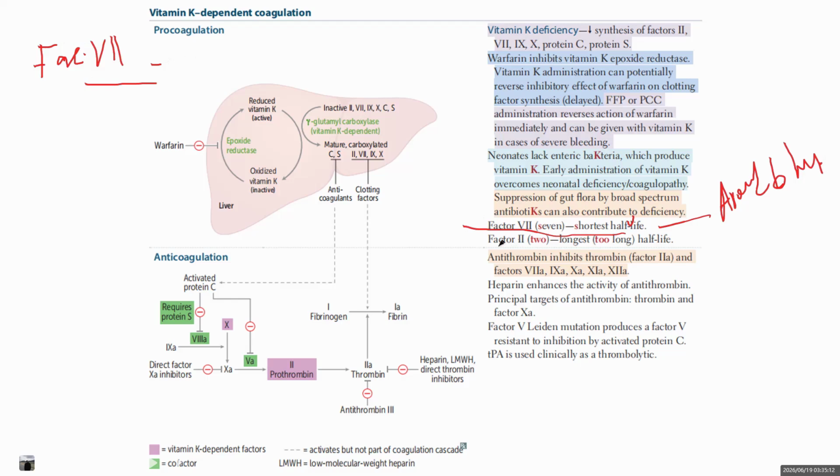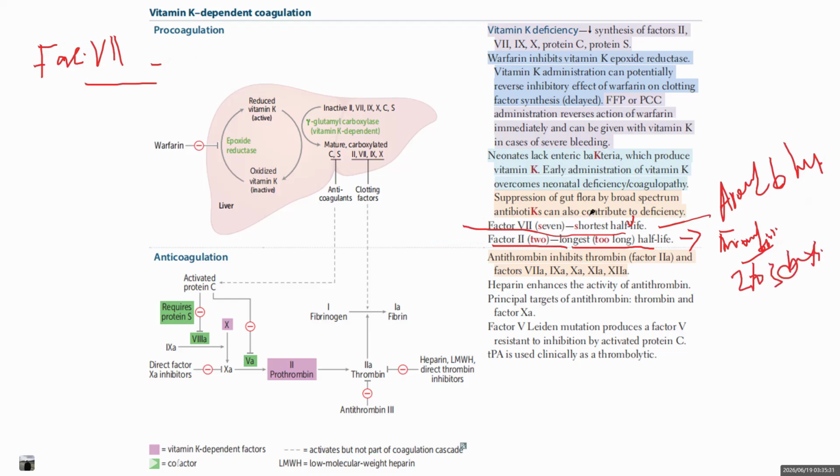And factor 2, also named thrombin, as you learned in the previous lecture, has the longest half-life, about 2 to 3 days.